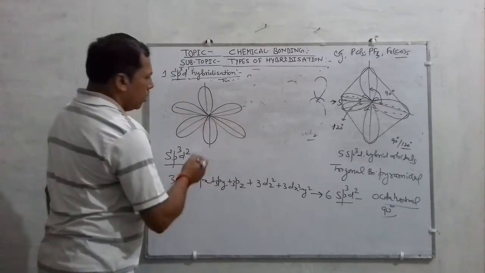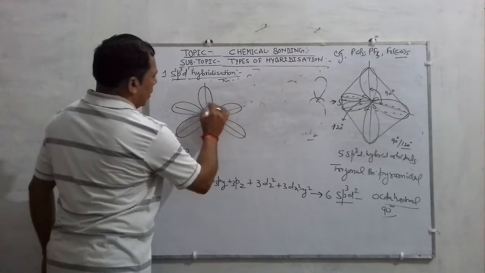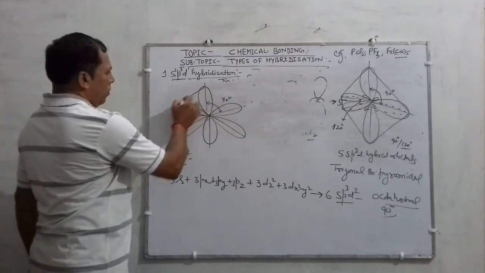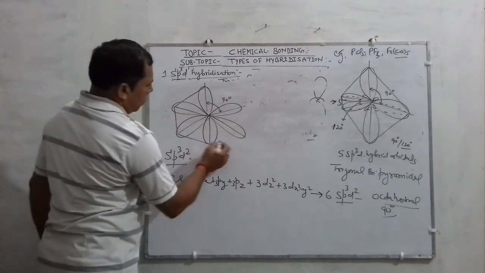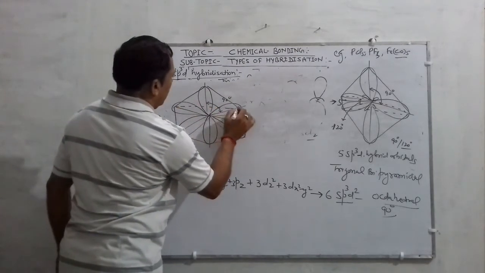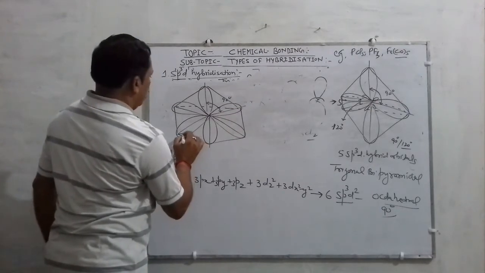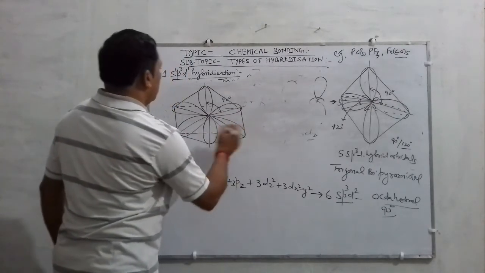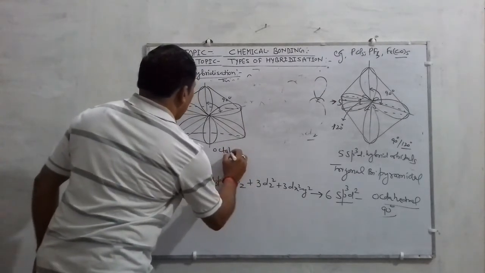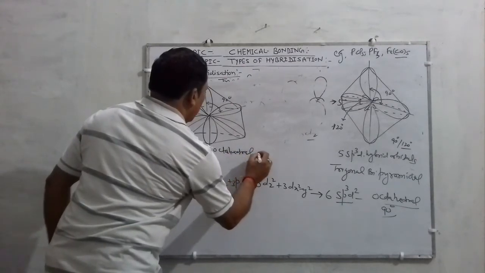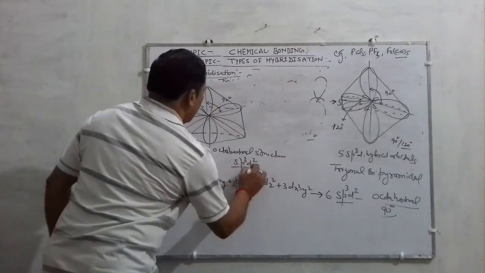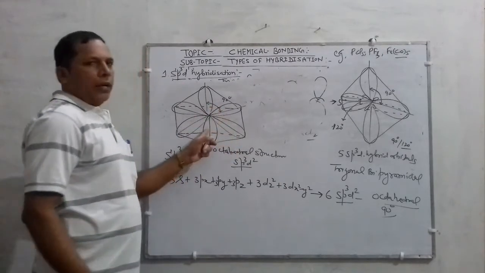So listen, children, this bond angle is 90 degree, and I made them in this way and this way. So this is your representation of the octahedral structure in the case of sp3d2 hybridization, in which the bond angle is 90 degree.